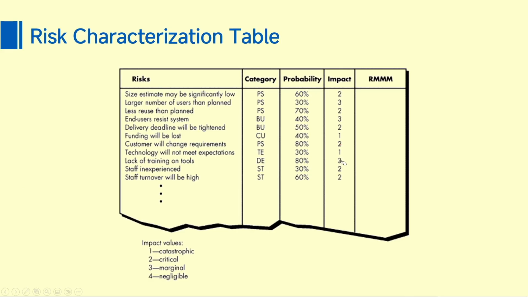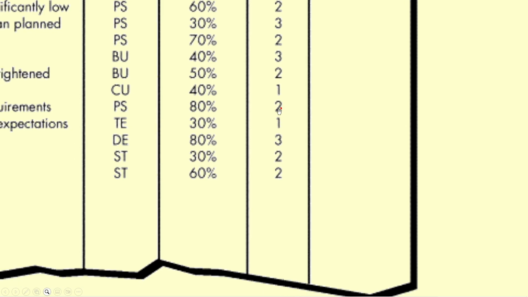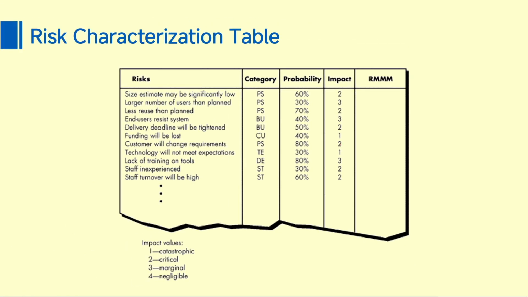So, when considering this as a picture, we have to make sure that the one with impact 2 is going to have high priority when compared to the severity marginal.